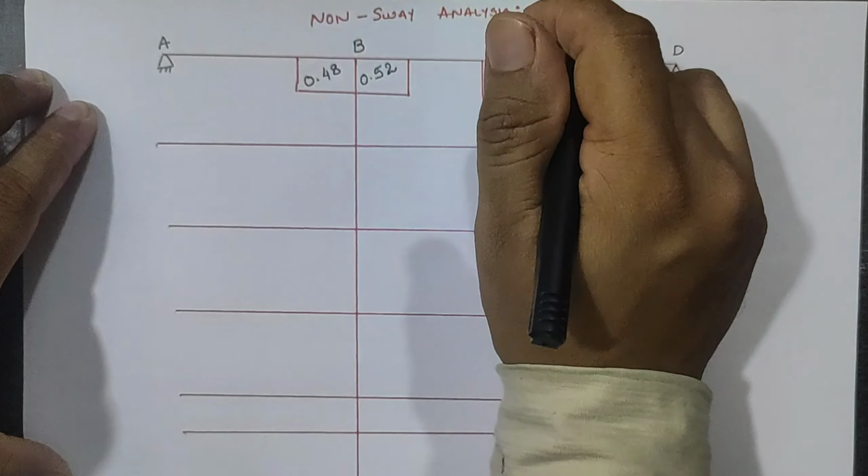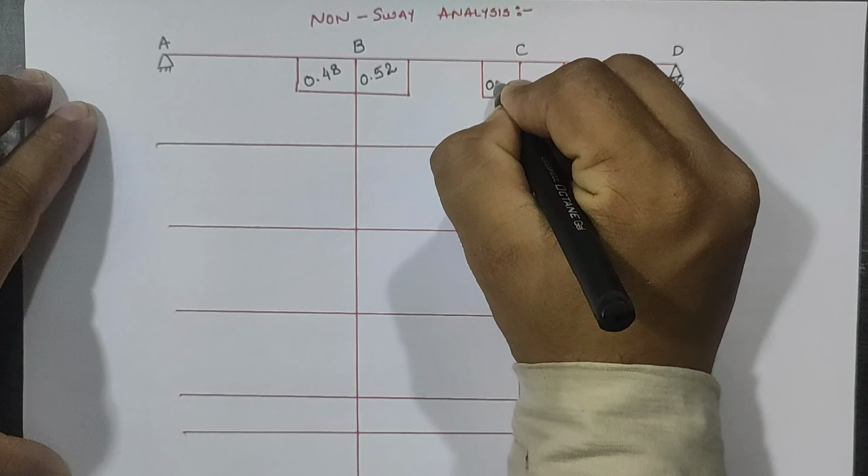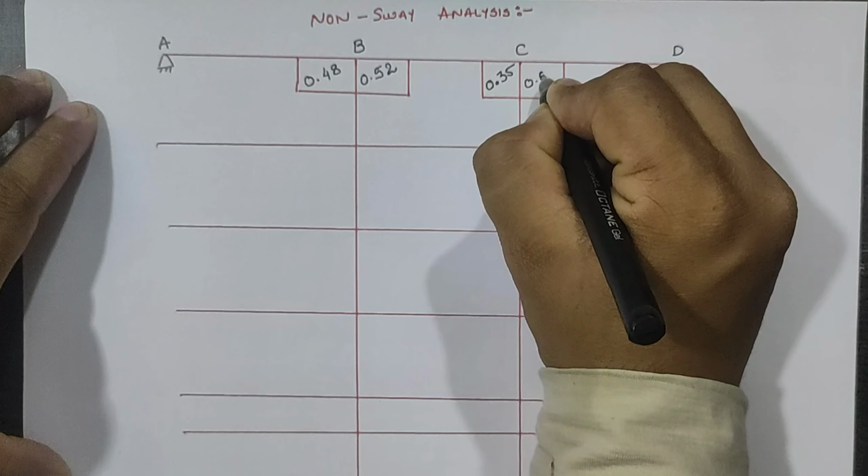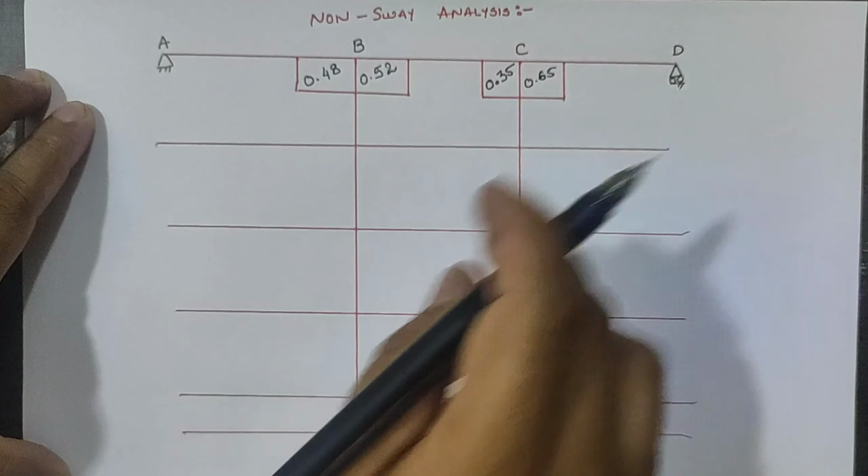Similarly at joint C the value is 0.35 in the CB span and 0.65 in the CD span.